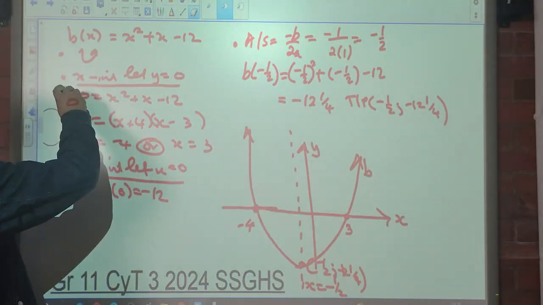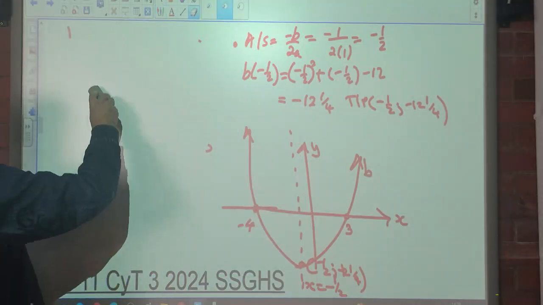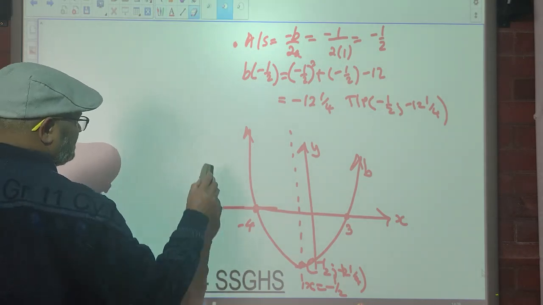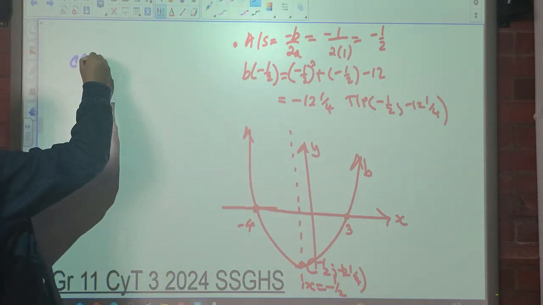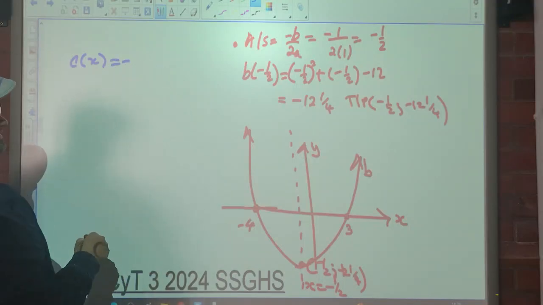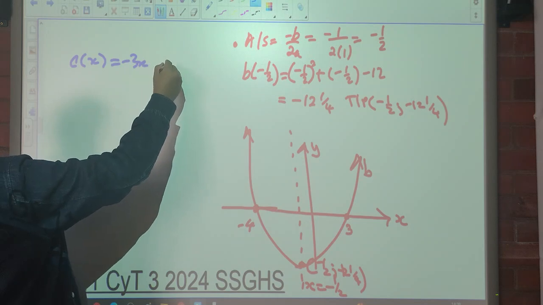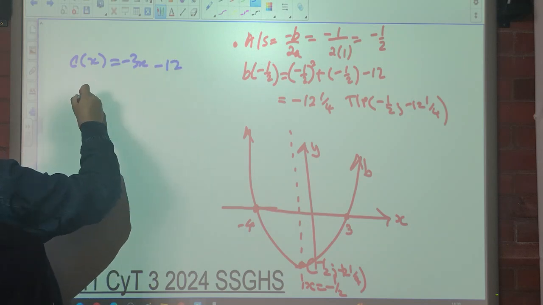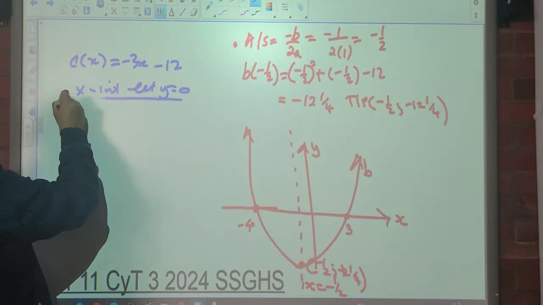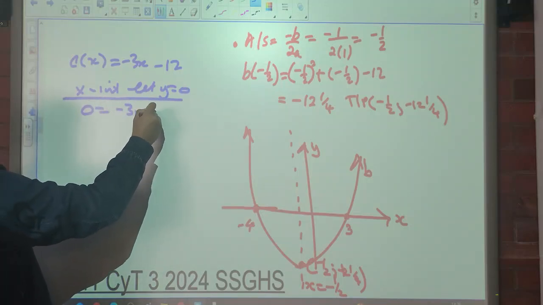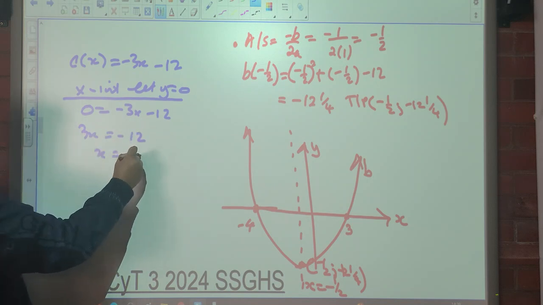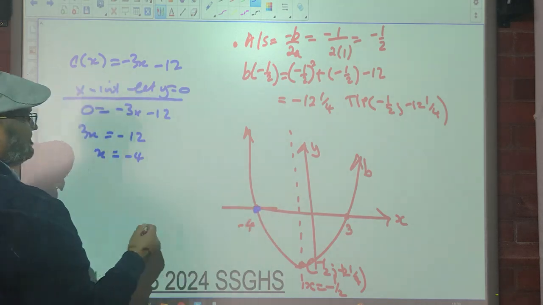What do we do after? We work out our C of x. What's the equation of C of x? Minus 3x minus 12. So x-intercept, what do we do? We let y equal to 0. 0 is equal to negative 3x minus 12. 3x equals negative 12, x is negative 4, which is that point there.